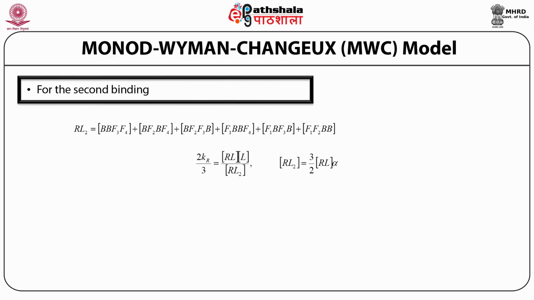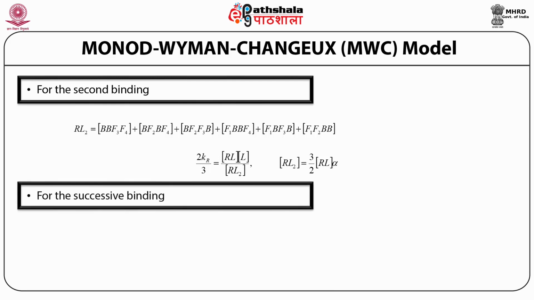Then RL2 can be written as 3 by 2 RL alpha. Similarly, we can do this for the third binding. In that case, 3 Kr by 2 is equal to RL2 by L by RL3, and for the fourth binding we can write 4 Kr is equal to RL3 by L RL4.